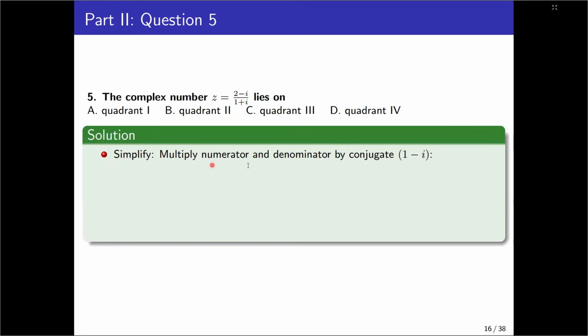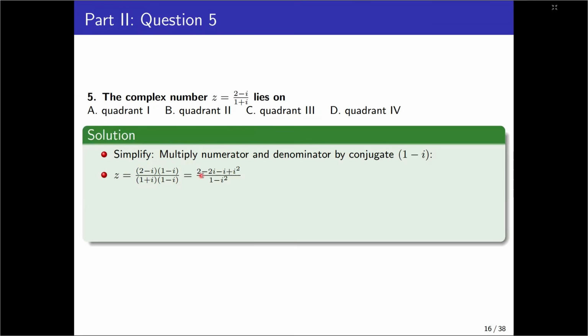First simplify: multiply the numerator and the denominator of z by the complex conjugate of the denominator, which is 1 minus i. When we do this, z becomes 2 minus i times 1 minus i, divided by the product of 1 plus i and its complex conjugate 1 minus i.